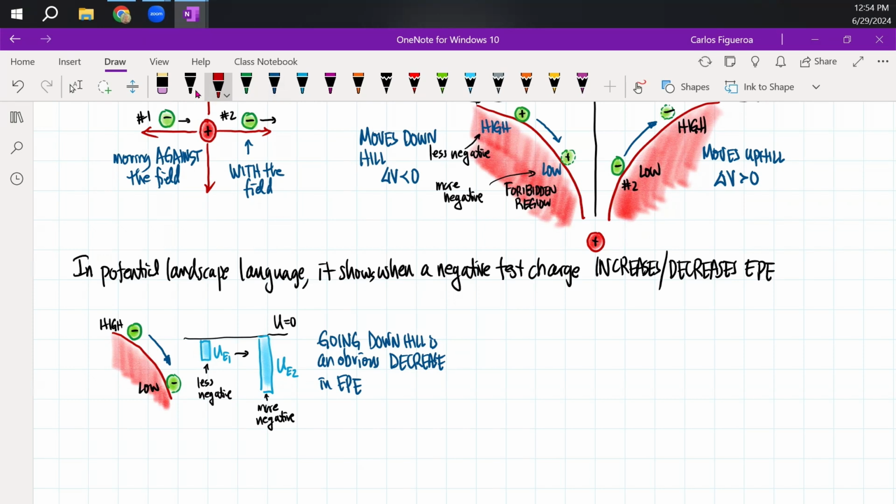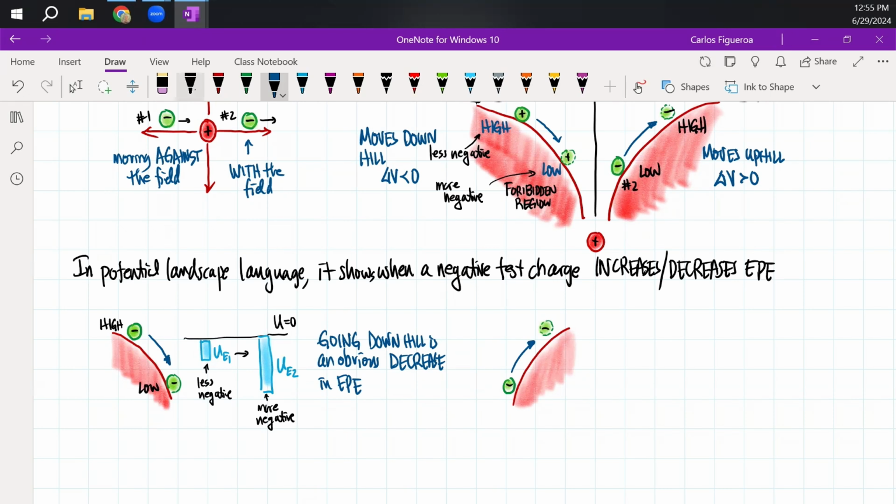Now, on the other hand, we're going uphill. So we have my negative charge here, and this negative charge is going in this direction.